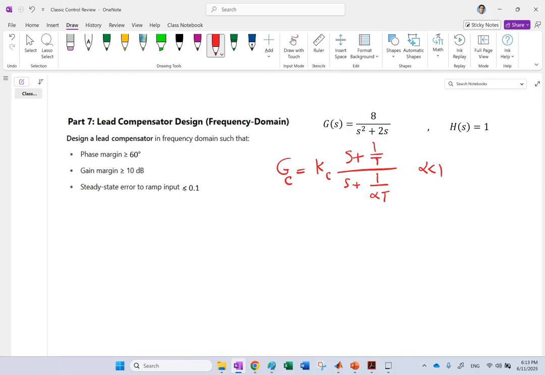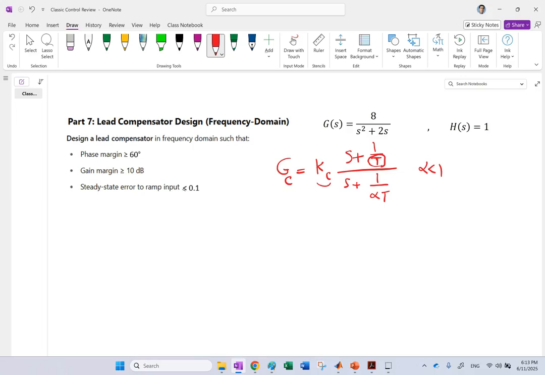So clearly the zero is closer to the imaginary axis than the pole, so it acts more like a derivative. So the zero is dominant. And the goal is to determine these three parameters, Kc, T, and alpha.